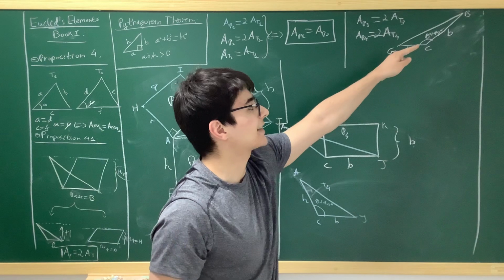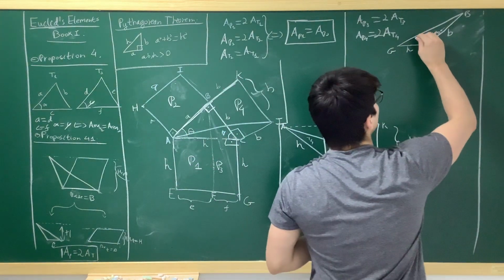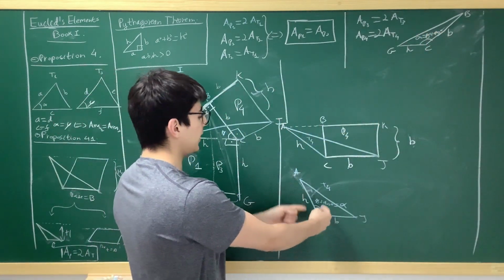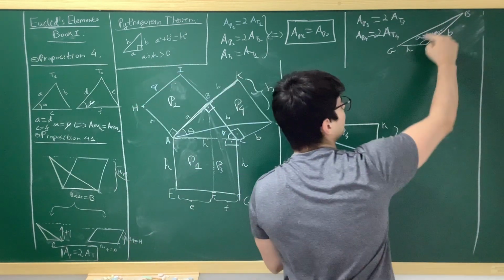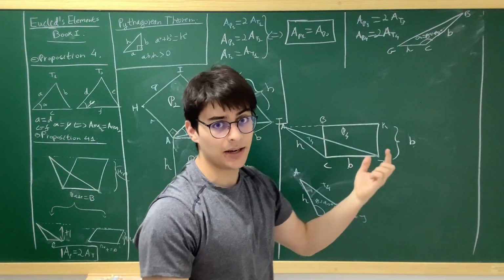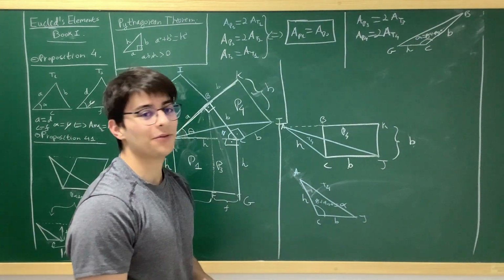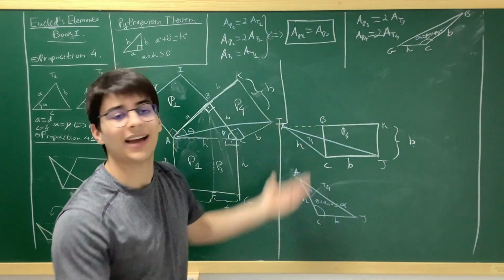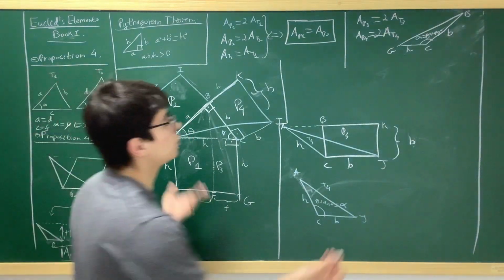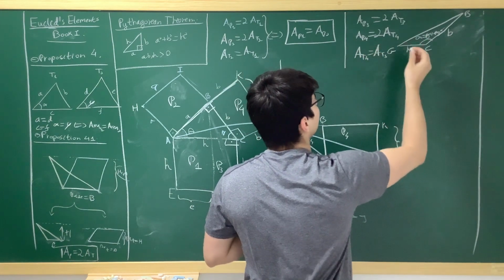But wait a minute, this is the exact same angle there. So let me just call this alpha, and this is also alpha. And they share the same sides, right? HB and the angle alpha, and HB and the angle alpha. So by proposition 4, again, this triangle and this triangle are the same, which means in Euclidean language that two triangles are the same, I mean, if they have the same area, in our terms. So area T4 is equal to area T3.